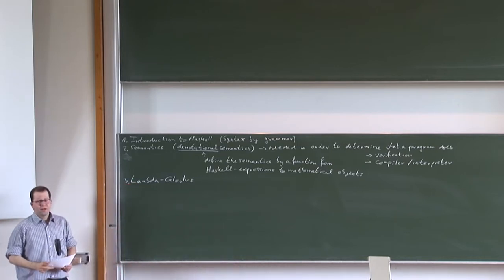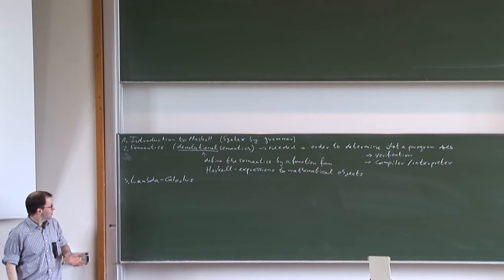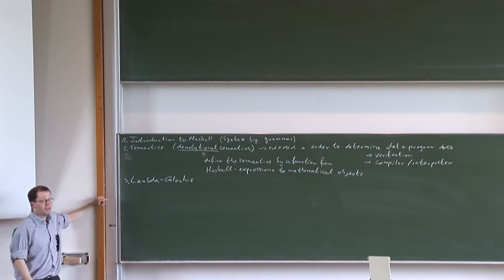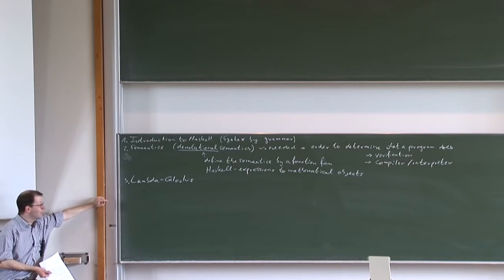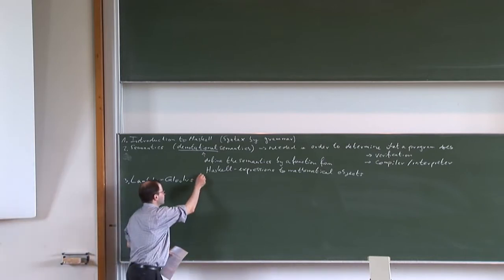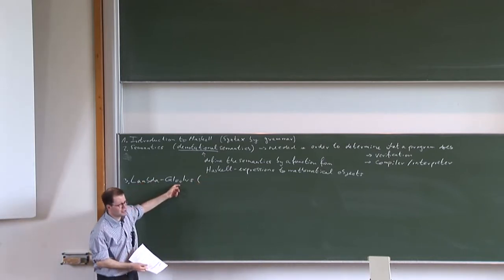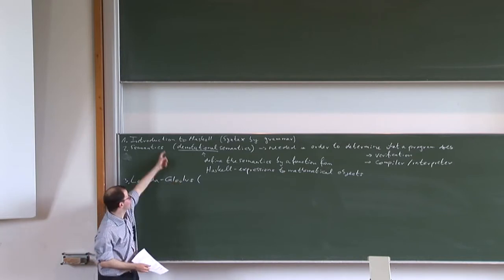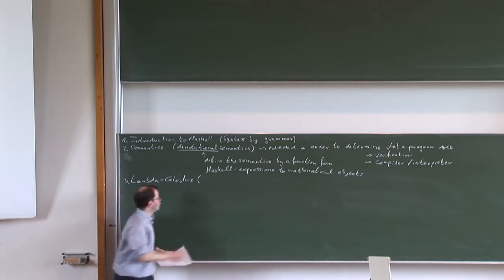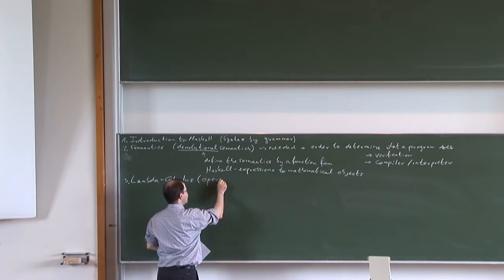This is a very, very basic functional programming language. So the syntax of this is very, very easy. So you can learn this immediately. And the semantics of this is also very, very easy. Defining a denotational semantics for the lambda calculus is also possible and much easier than for Haskell, because Haskell is a much richer language. But here I will only give an operational semantics, which is also very easy.